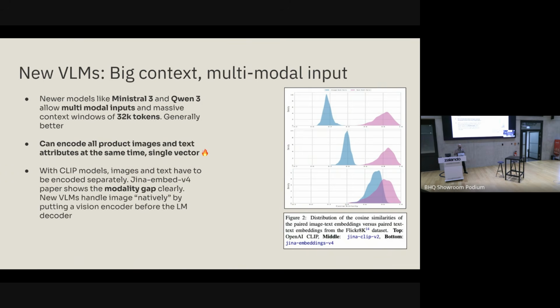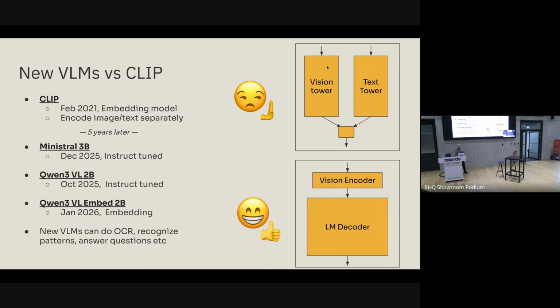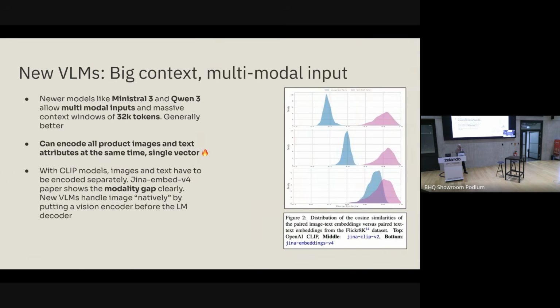What that means for e-commerce folks like us is that instead of encoding text and images separately like you had to with CLIP, where if you have product information, you encode the images and the attributes separately, you can just put all of that into one forward pass, and you get a single vector output.